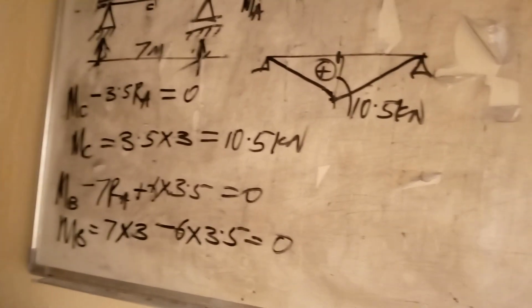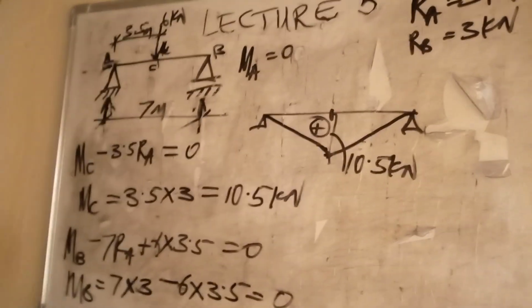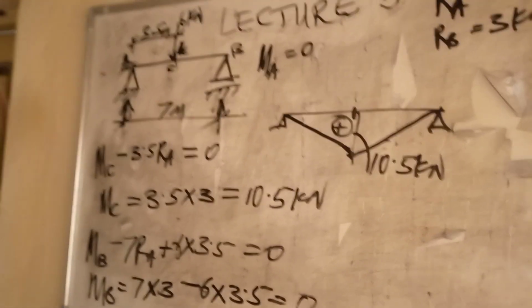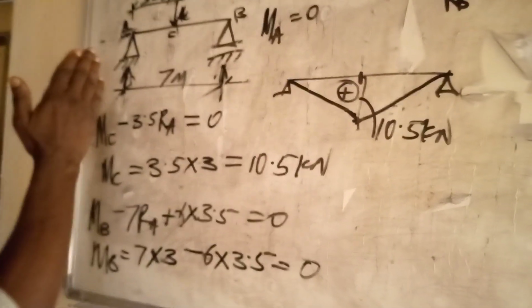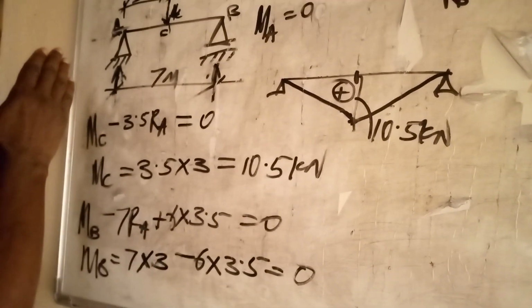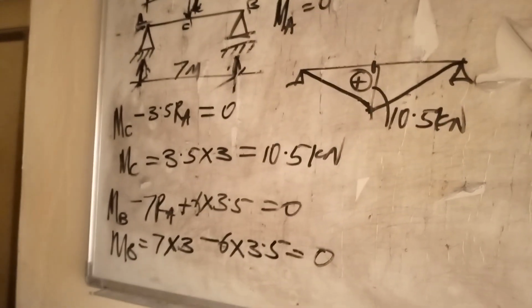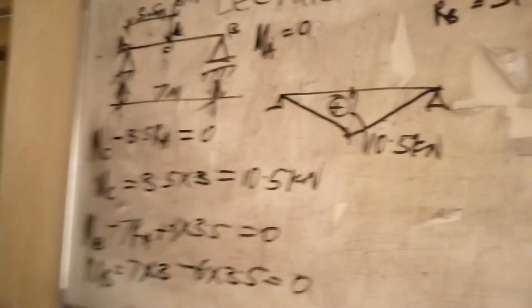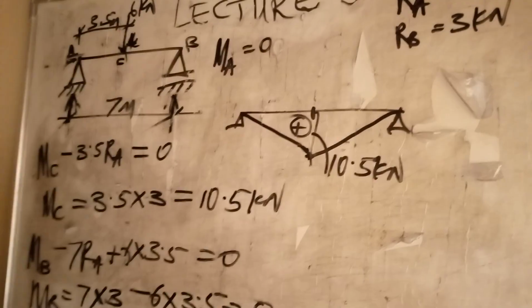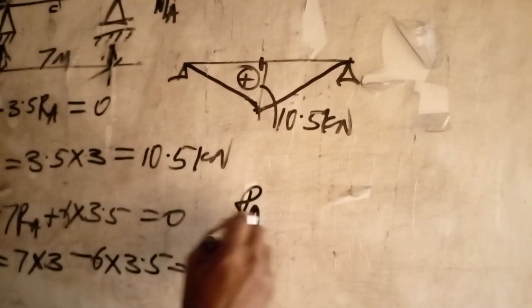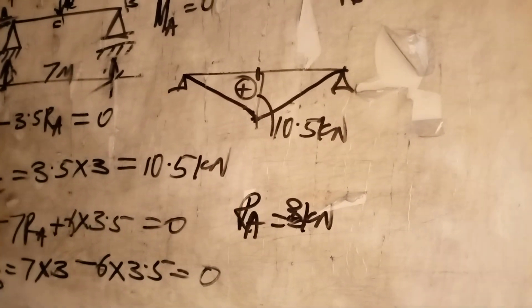Now the next thing I should get is the shear force. The shear force at every point is the algebraic summation of the forces at that point, from where we started from point A, moving this way. At point A, the force, if I call it positive, is RA, which is equal to 3 kilonewtons.